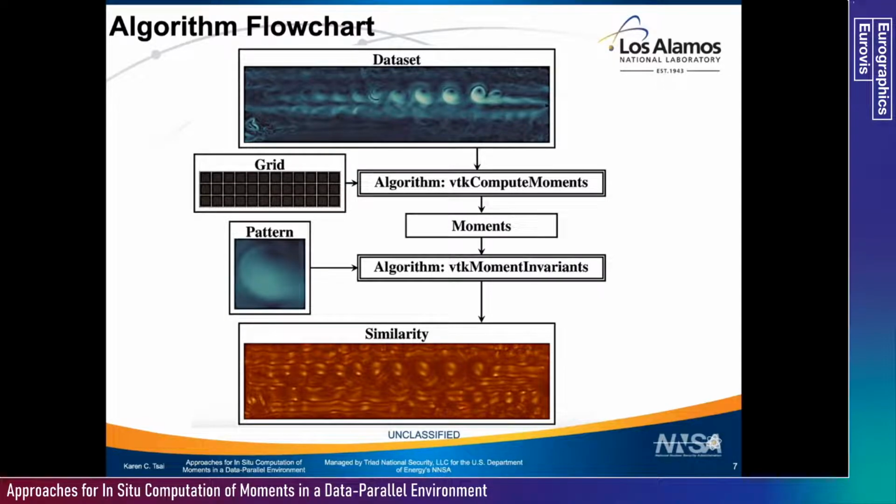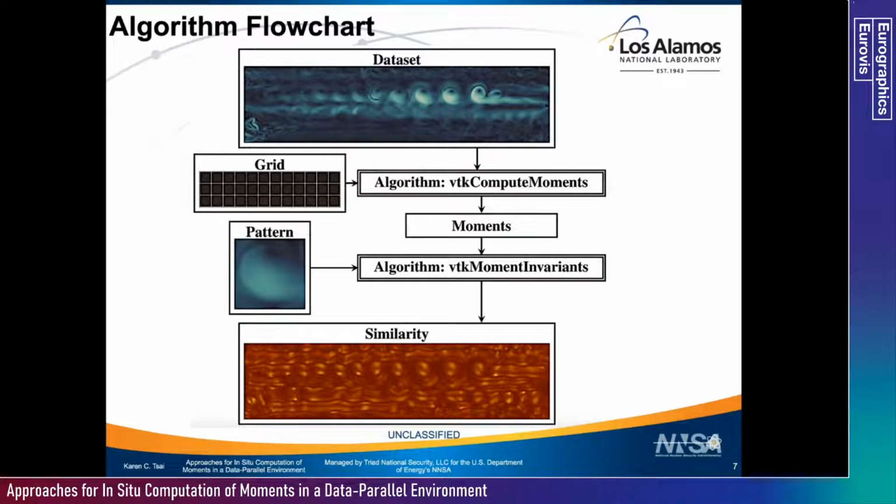The dataset given as the example is a subset of the MPAS ocean dataset that we will actually present as part of the example later. The grid is the resolution on which we wish to compute the moments. Combining these two as the input, VTK compute moments will then do all the computation and give us the output of the moments.